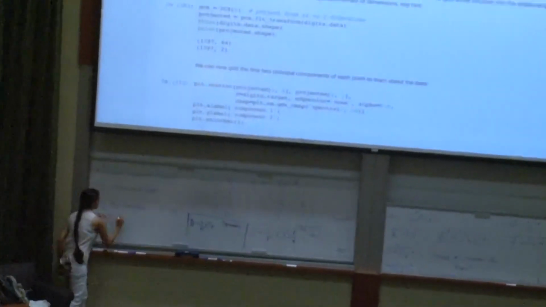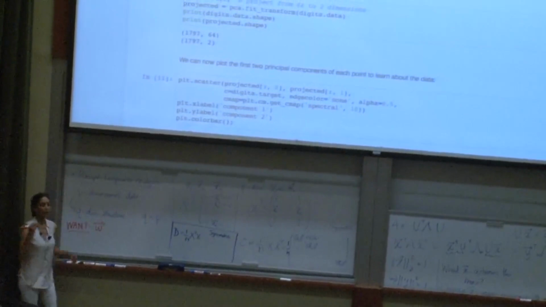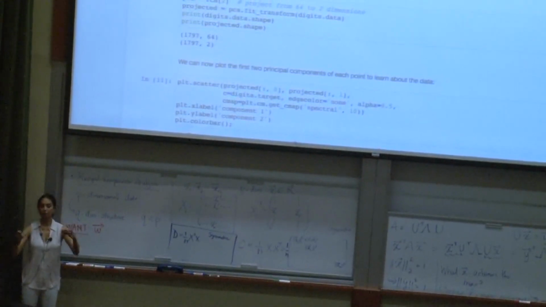I want to find some vector w such that if I project my data into this direction w, then I preserve most of the structure of my data.